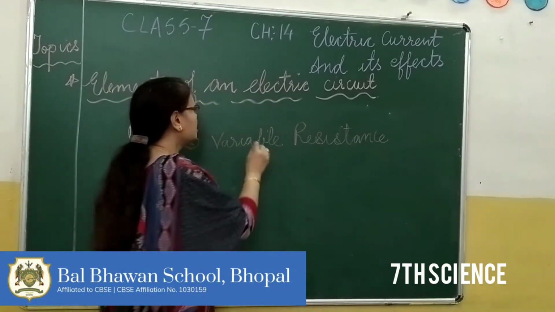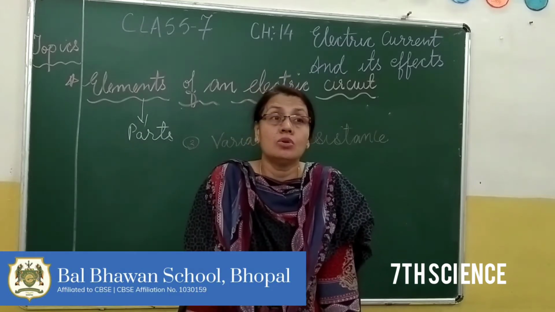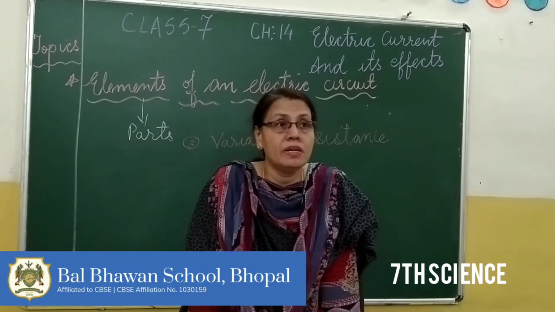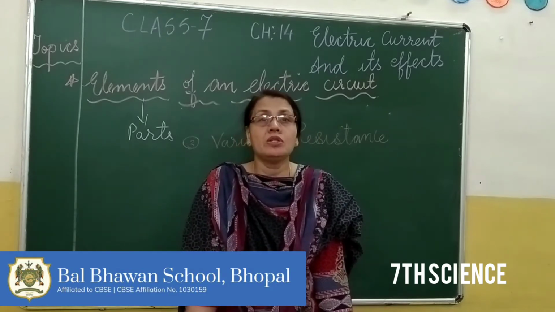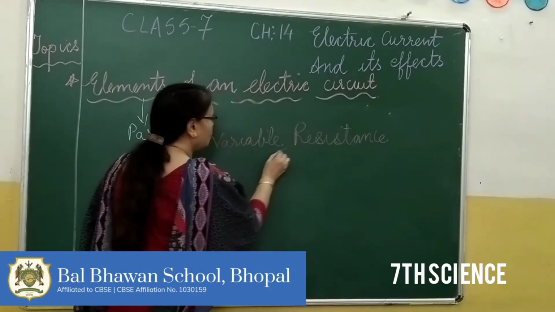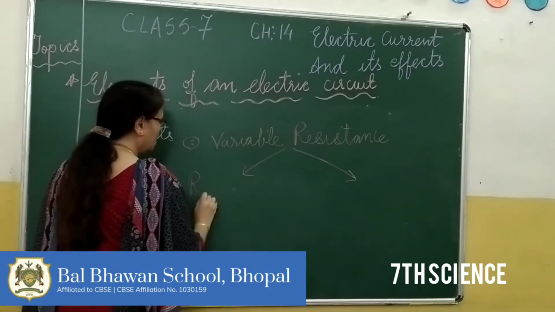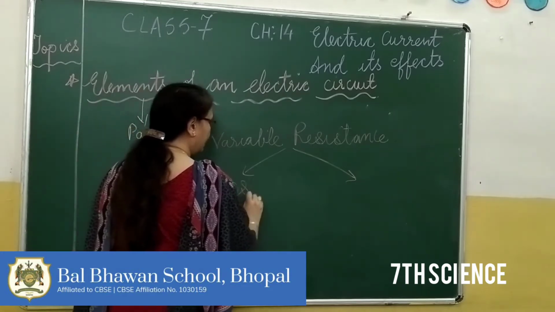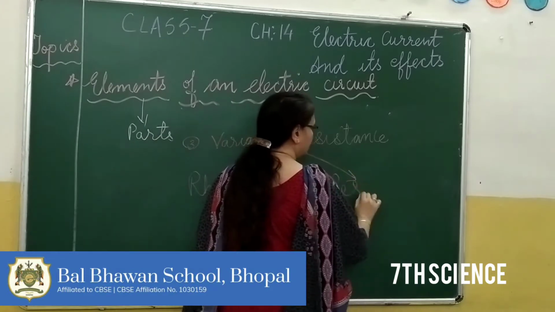That means the resistance offered by this can be changed, can be varied. So such a resistance is called variable resistance. Now this can be brought about by means of a rheostat and by means of a resistance box. So variable resistance is by means of two: one is the rheostat and the second one is the resistance box.